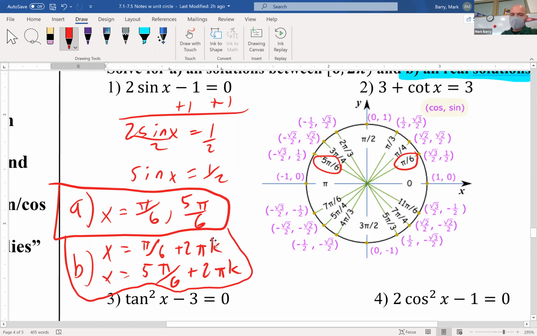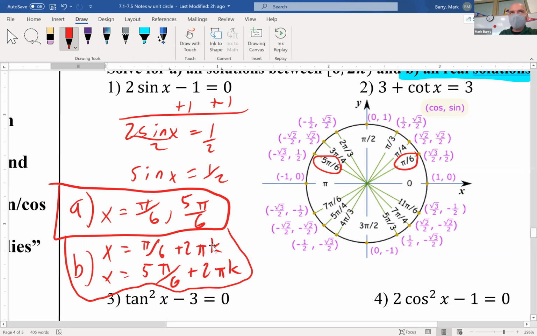So if I plugged in 0 for K, and let's just focus on this first formula for now, you could do all the same things for the second formula, but if I plug in 0 here, all of this goes away, and I'm saying pi over 6 is a correct answer, which we know from part A it is. If K is 1, it's saying take pi over 6 and take a complete trip around the circle, 2 pi. That would be 13 pi over 6, and that's another correct answer.